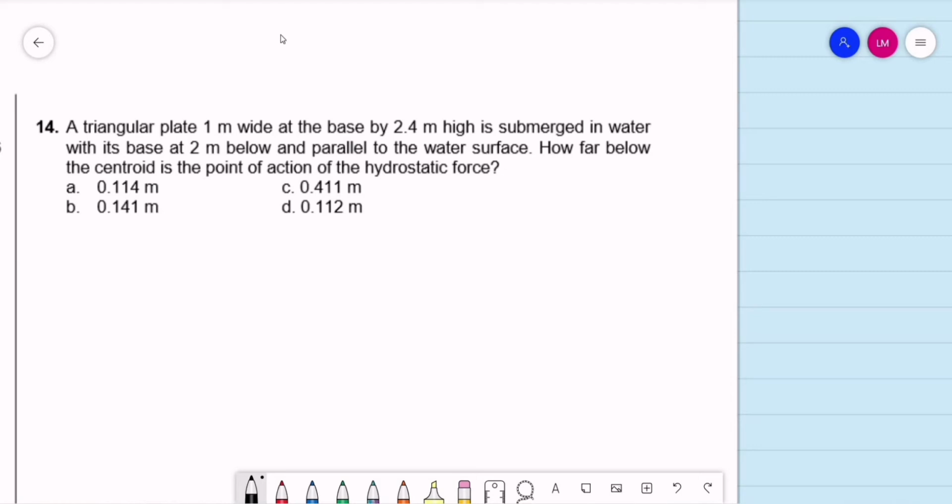How far below the centroid is the point of action of the hydrostatic force? Okay, kung i-base natin dito sa tanong, basically, yung hinahanap natin dito is the eccentricity.